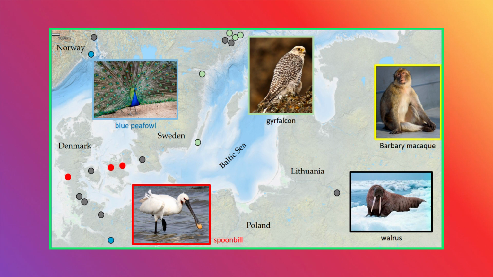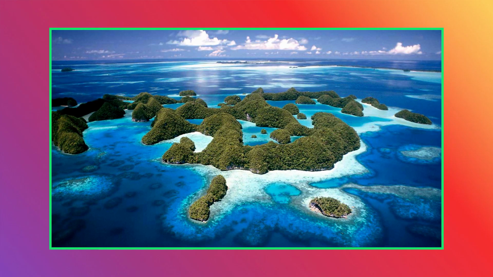Exotic species are having large impacts, especially in island ecosystems, which harbor much of the world's threatened biodiversity. Alien aquatic weeds like water hyacinth and water lettuce are increasingly choking waterways and degrading freshwater ecosystems.